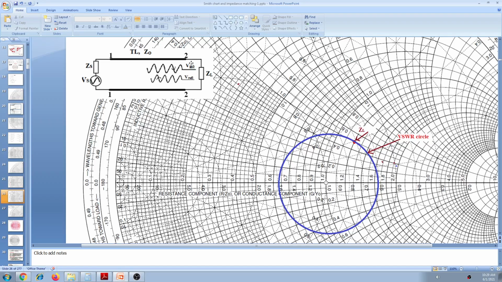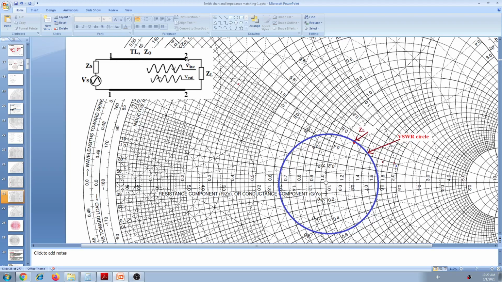So voltage varies over the transmission line, current varies, and impedance also varies. As we discussed, the impedance becomes a maximum value, decreases to a minimum, then increases again to a maximum. Like that, the variation repeats every lambda by 2 distance over the transmission line.